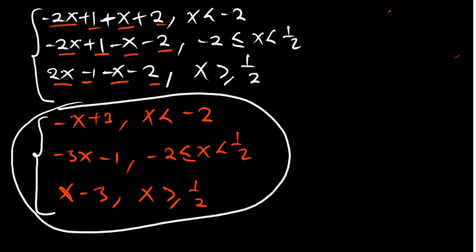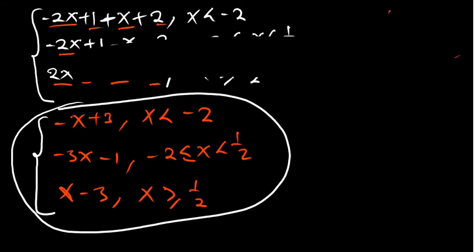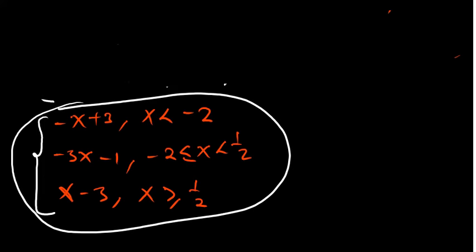Now, I'm not done actually. I've just redefined this function. So you do this. The defining, you write it like this. For me to redefine this, what was the function? The function was 2x minus 1 minus x plus 2.